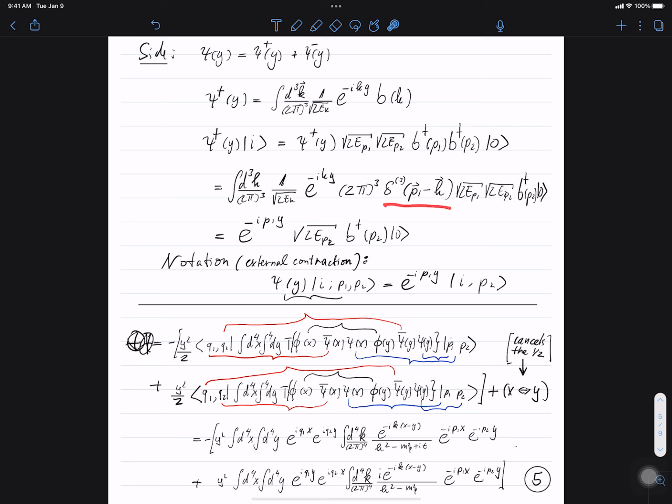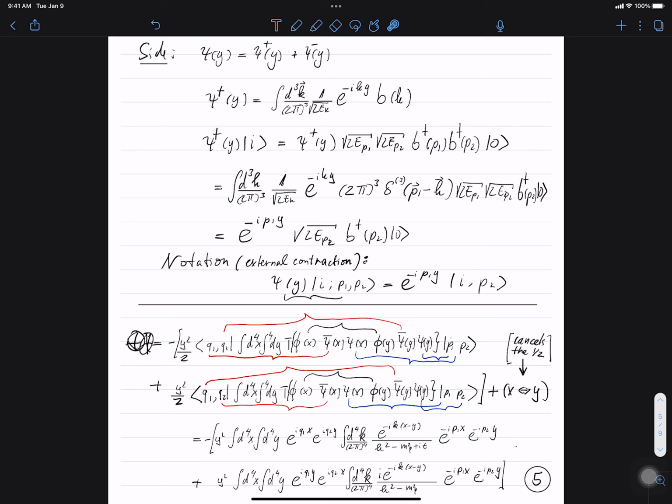And we get the delta function that allows us to evaluate the integral in this field decomposition of psi plus, and sets this k equal to P1. So we have this exponential e to the negative i P1 y, and this is just the state, the initial state, which only contains the particle momentum P2.